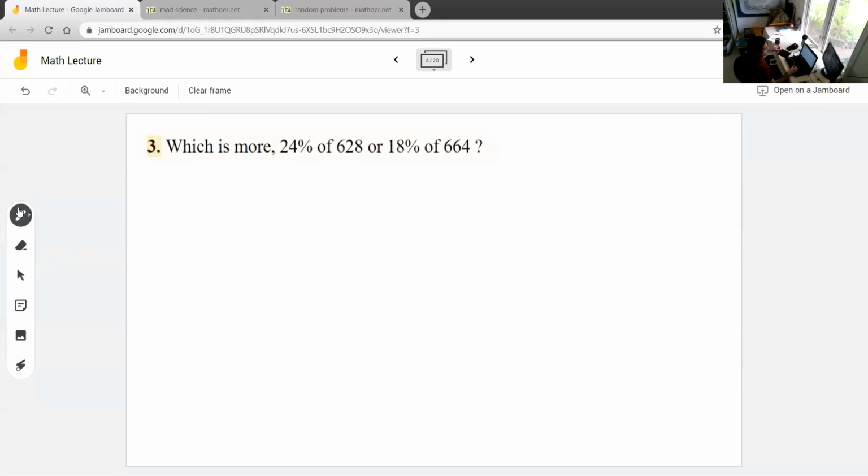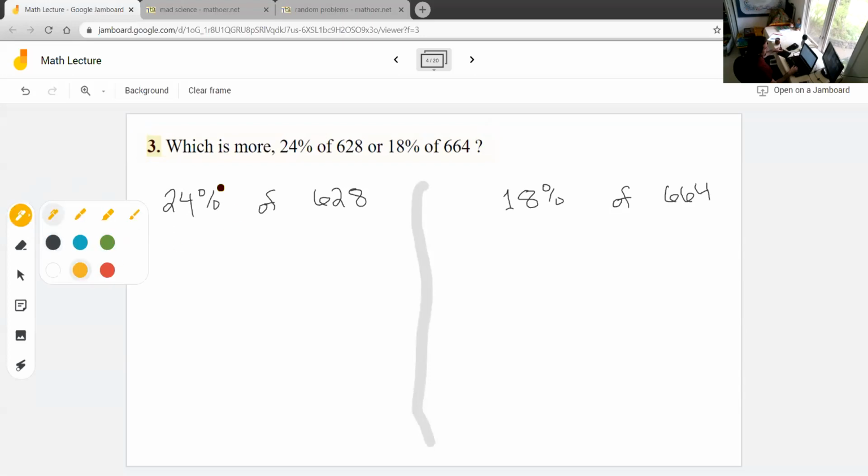Which is more? So we have 2 different problems here. One is 24% of 628, and the other is 18% of 664. For both of them, we take the percent and we say, how do we get out of percent?